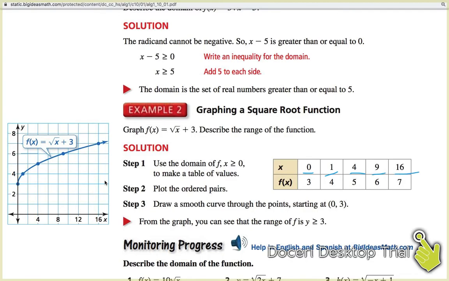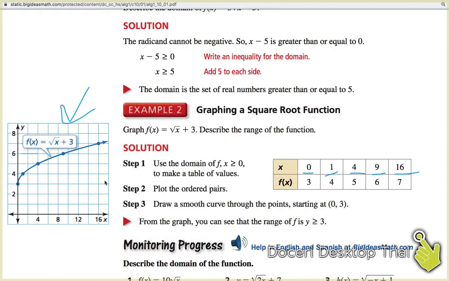I would take the square root of that and then add 3 to that answer to get the points. And you see on our graph, over here on the left, that those are the points that we have. So that's how we would do it. We would plug in numbers so that we can take the square root easily and then get those.